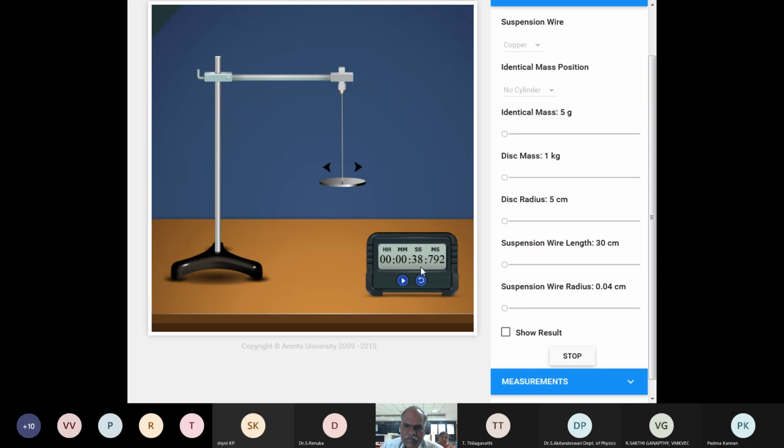So the time is 38 seconds. Previously for trial 1 we got 39 seconds, and for trial 2 we got 38 seconds. So we just note it.